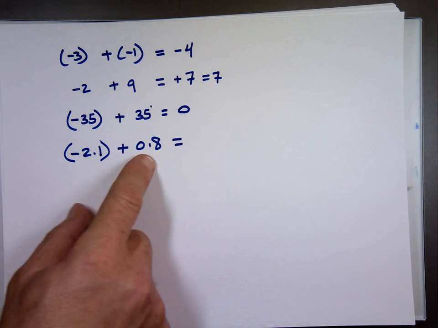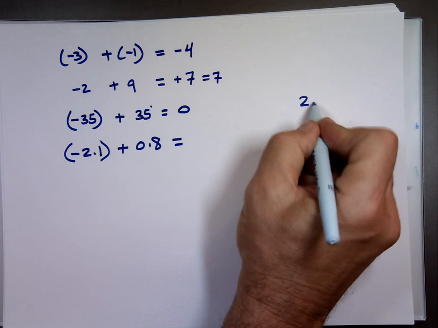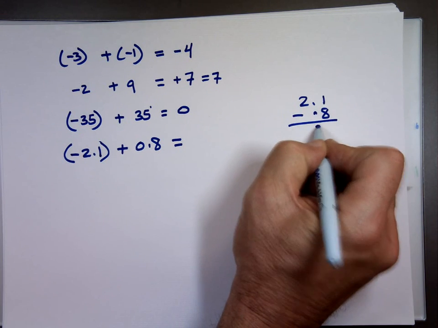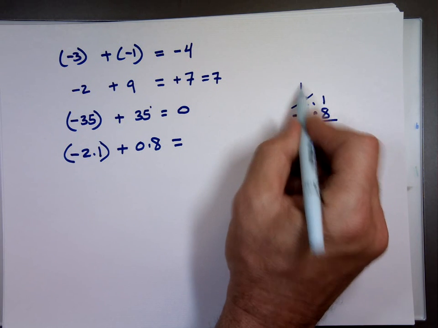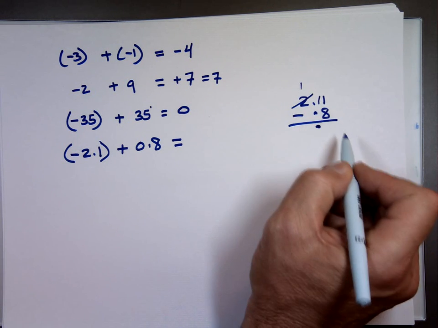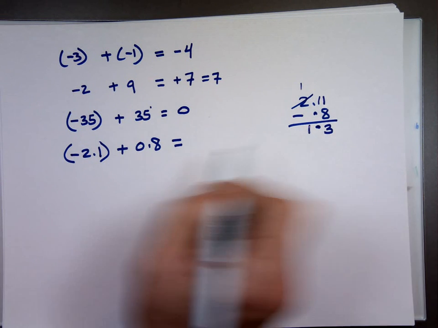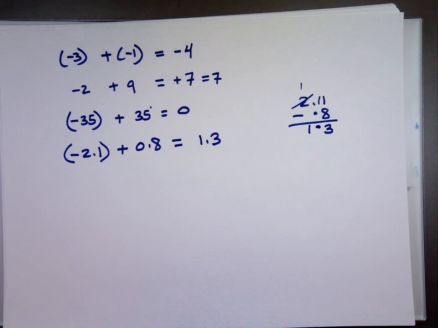You subtract the smaller from the larger, right? So what's 2.1 take away 0.8? 8 from 1 we can't, right? This becomes 1, that's 11. 8 from 11, 3, and 0 from 1, which is 1. So it's 1.3. And what is the sign of the larger? Positive or negative? Negative.